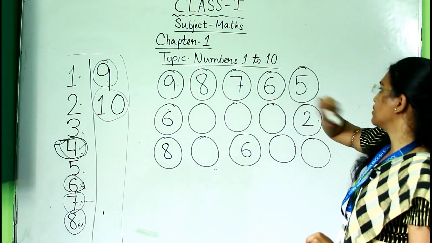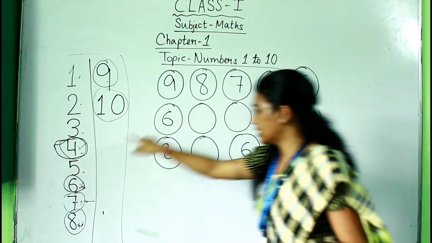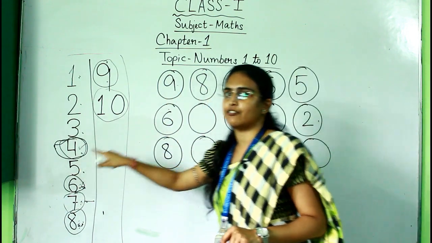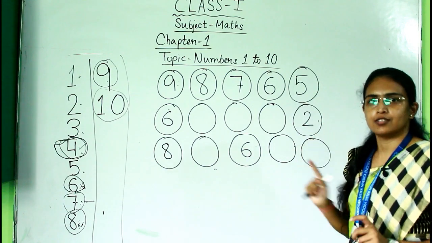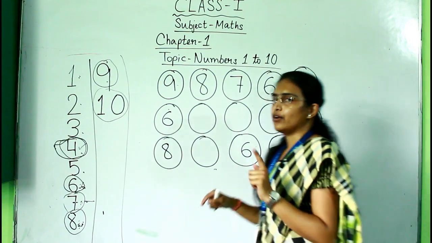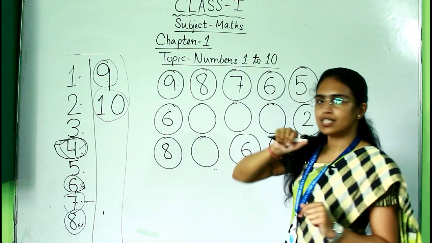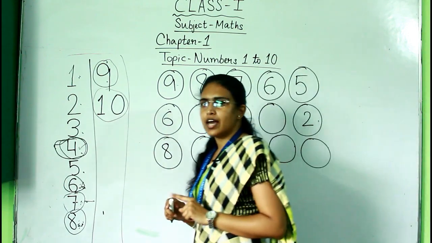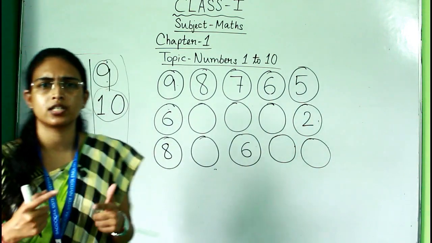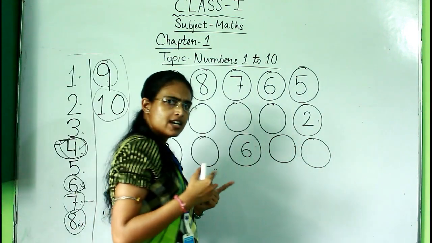And what comes before 6? 5. It is already written here in your book. Yes? Okay. Now next question. What is this? 6. Who can say what comes before 6?